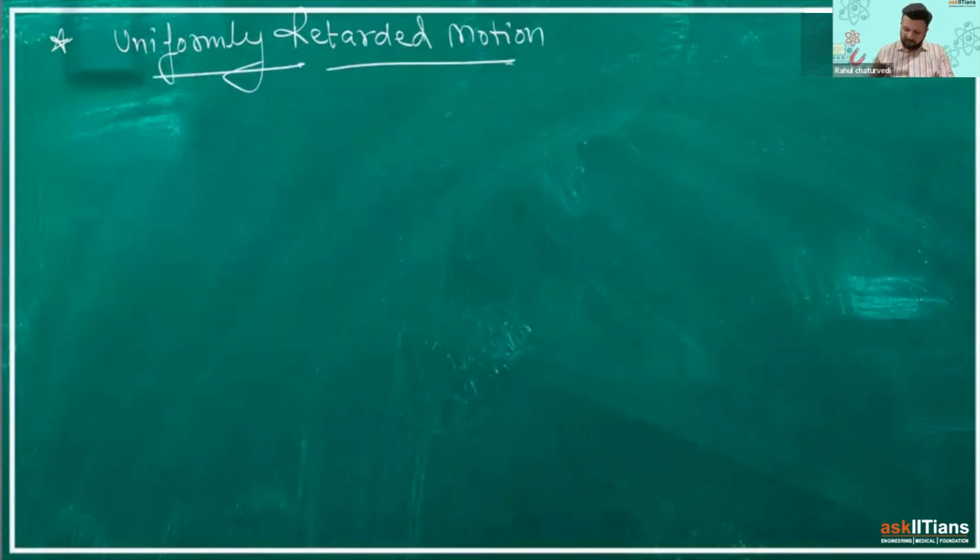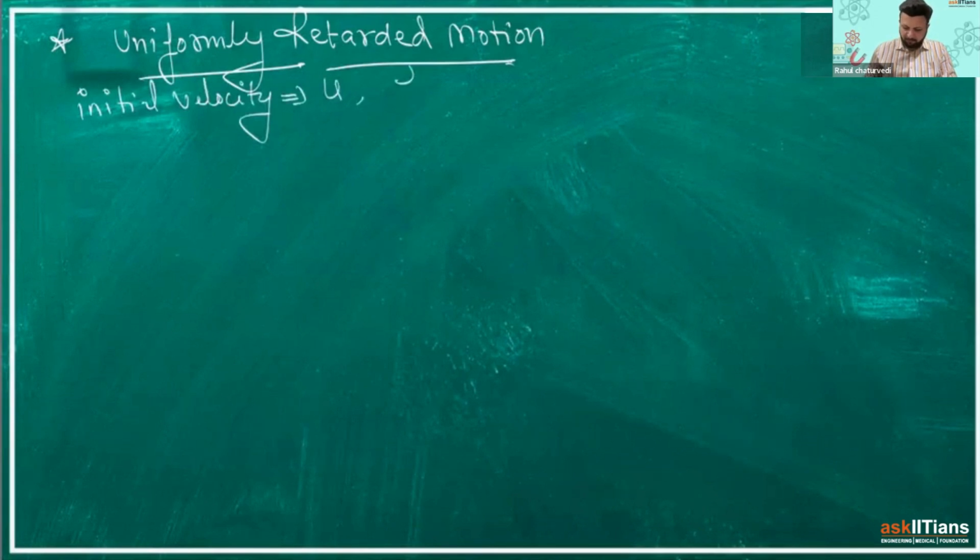So for uniformly retarded motion, suppose initial velocity is u and final velocity is v.